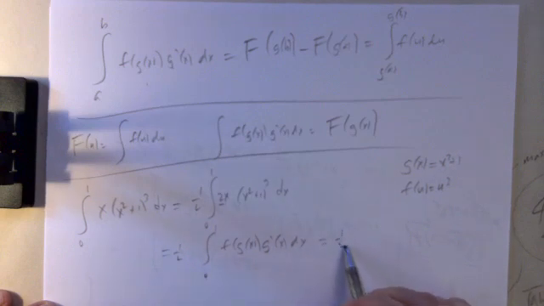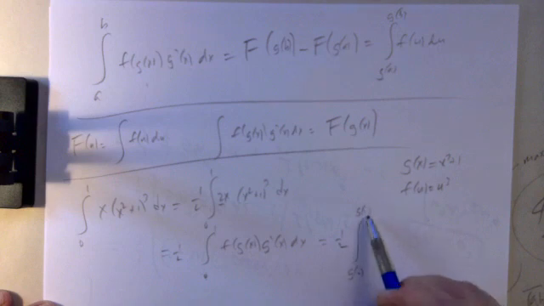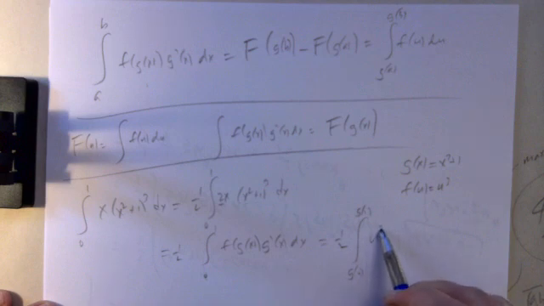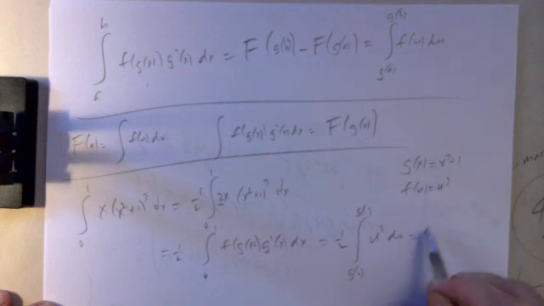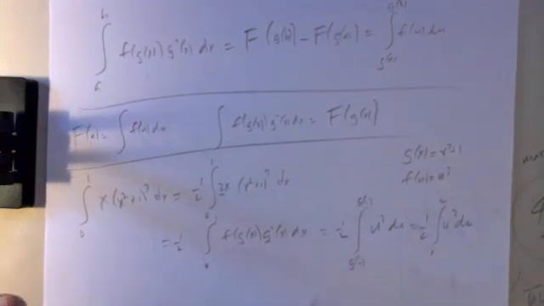So this is 1/2 the integral from g of 0 to g of 1 of u cubed du. g of 0 is 1 and g of 1 is 2. This is 1/2 the integral from 1 to 2 of u cubed du.